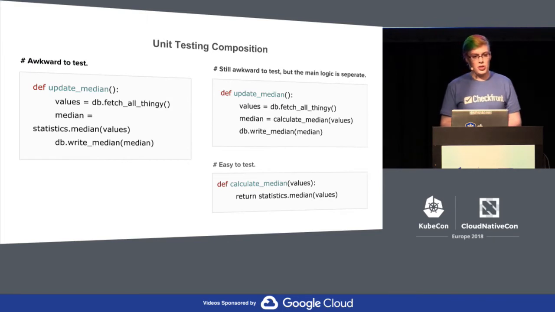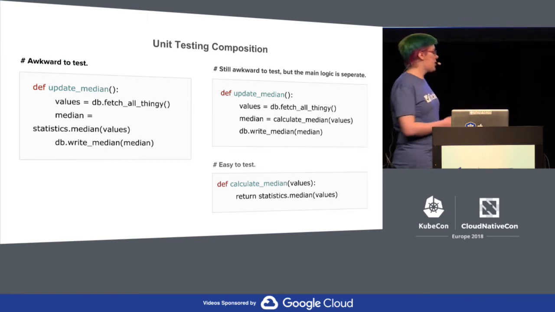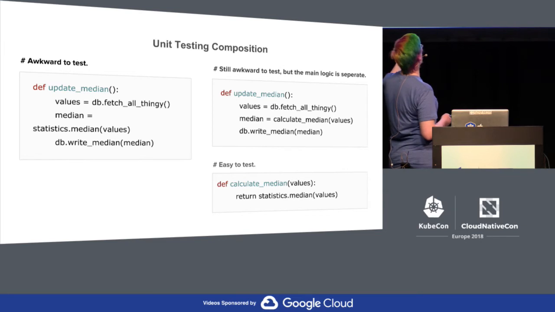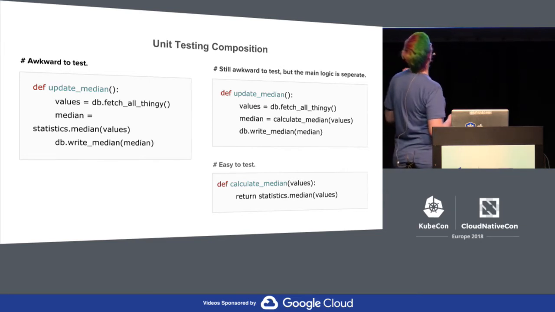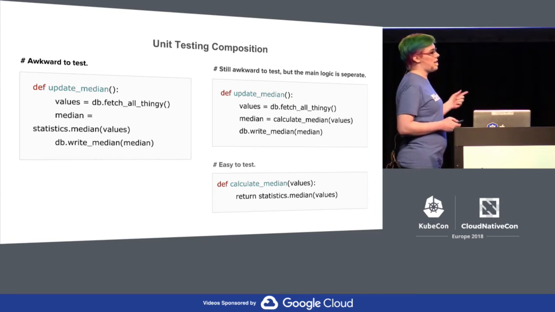Here's a quick example that will probably be fairly easy to understand as far as unit testing goes. For unit testing, we want to be able to simplify our actions as much as possible. Here we have some business logic, which is just statistics.median, that we want to be able to test in detail, and we care less about detailed testing of the overall function. The awkward way to do it is to have one function that does everything, and suddenly we need to get into the database to write values, call the function, and then read them out to do our test.